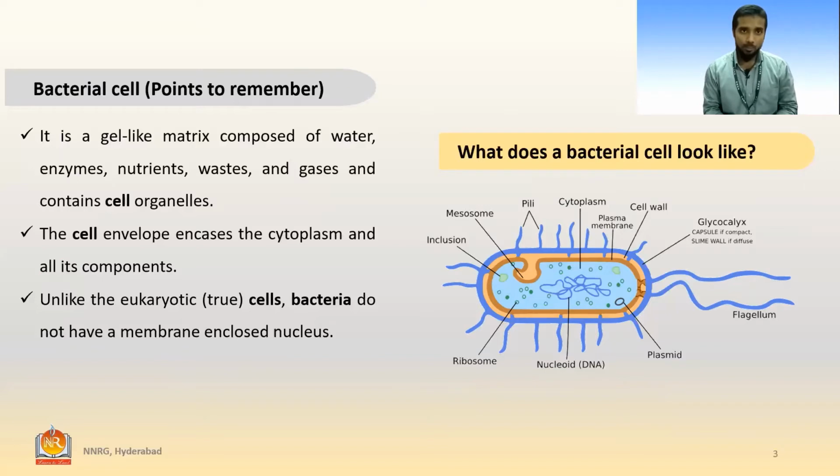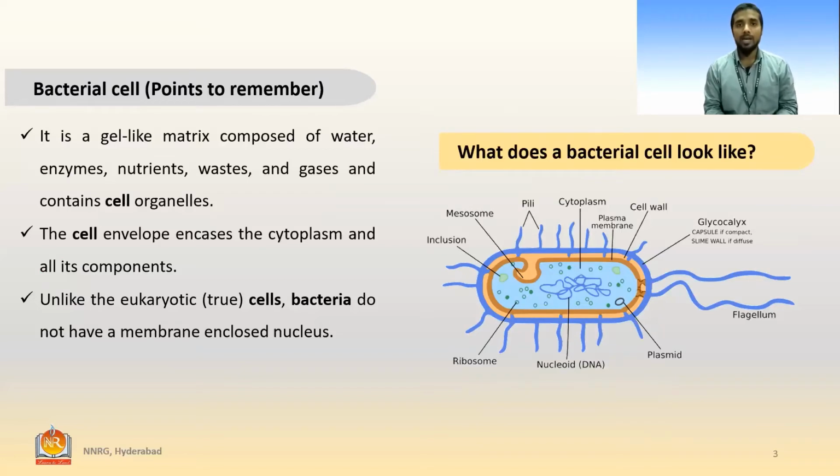So the cytoplasm of the bacterial cell is also called matrix. That matrix holds all the cell organelles, and it also contains various nutrients, waste material, gases, and enzymes responsible for the activity.